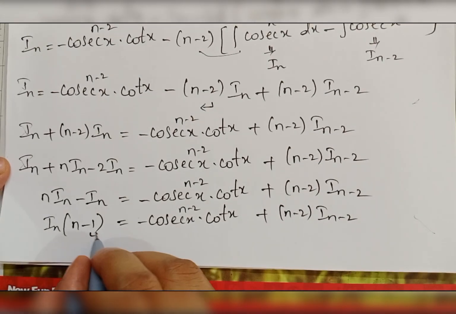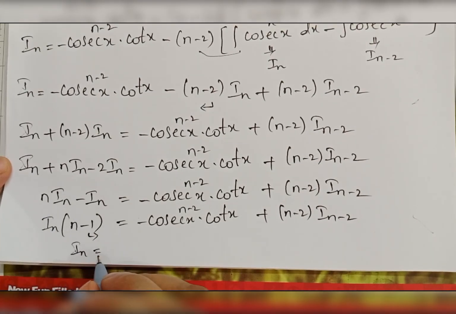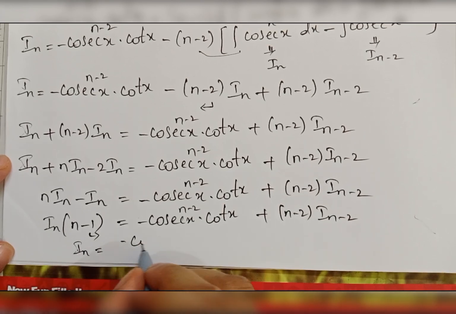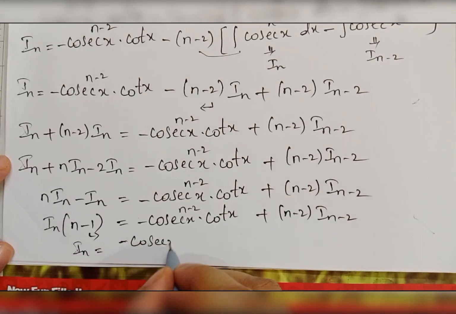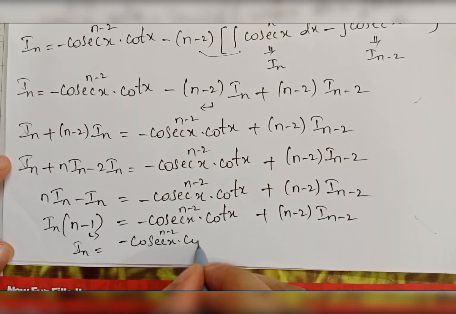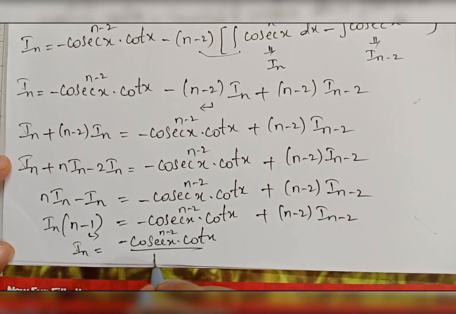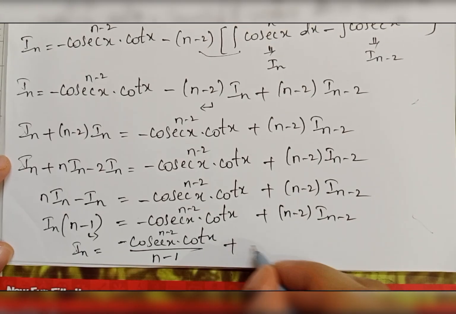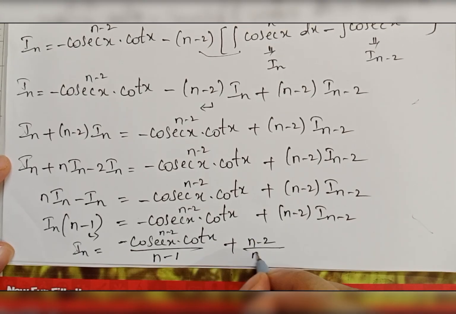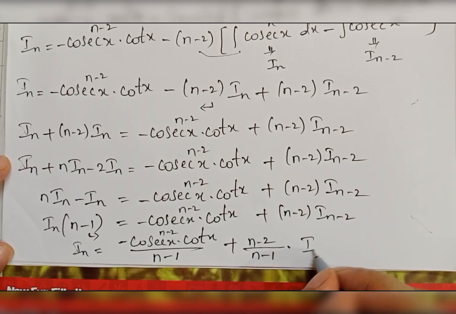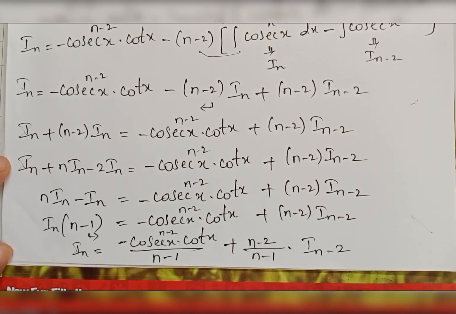Now shifting this term here, I_n is equal to minus cosecant x power n minus 2 into cot x by n minus 1, plus n minus 2 by n minus 1 into I_n minus 2.